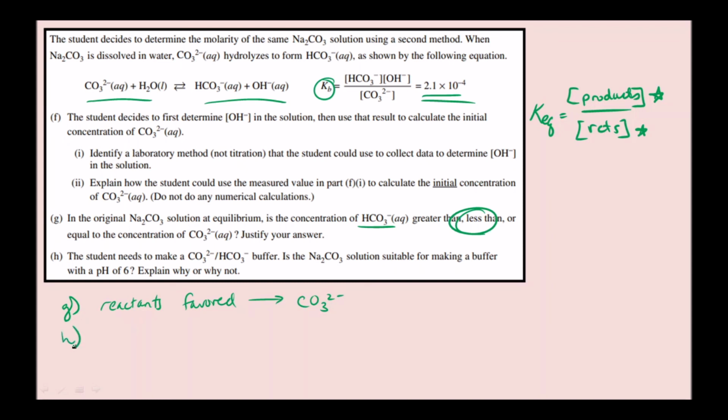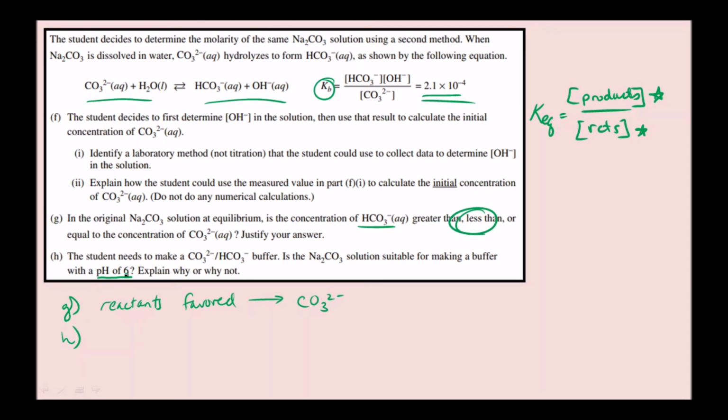Part H, the student needs to make a carbonate-bicarbonate buffer. Is the sodium carbonate solution suitable for making a buffer with a pH of 6? Explain why or why not. So we're aiming to make a buffer with a pH of 6. What do we know about buffers?